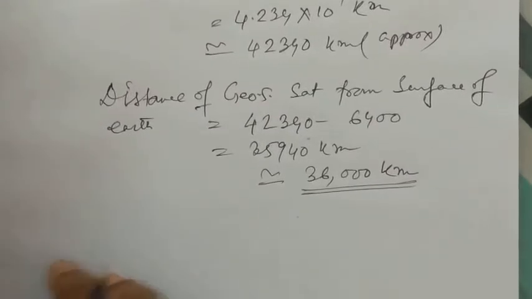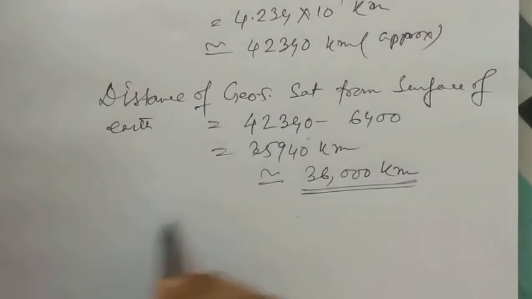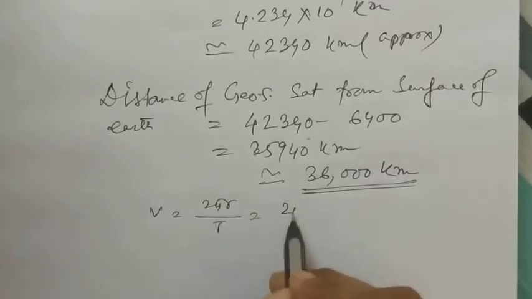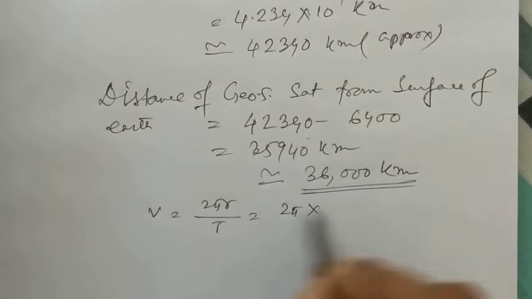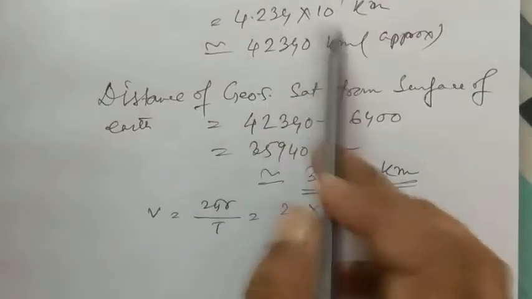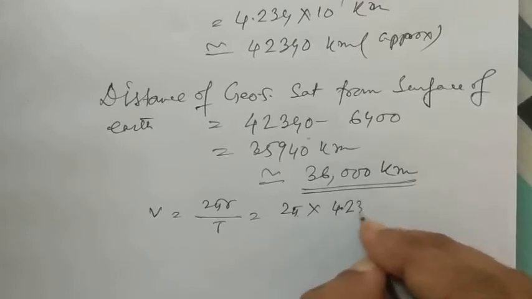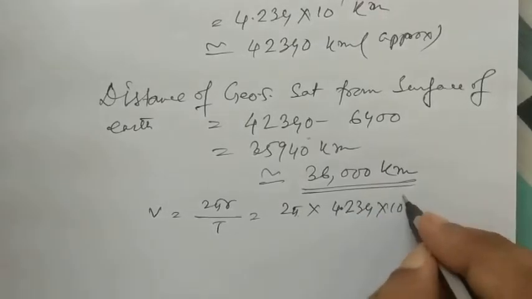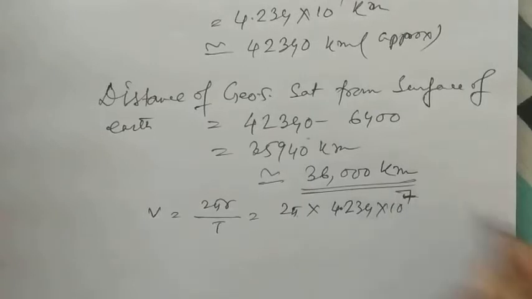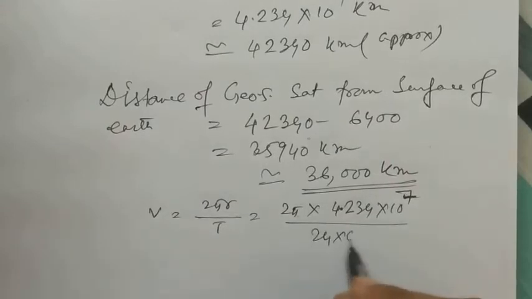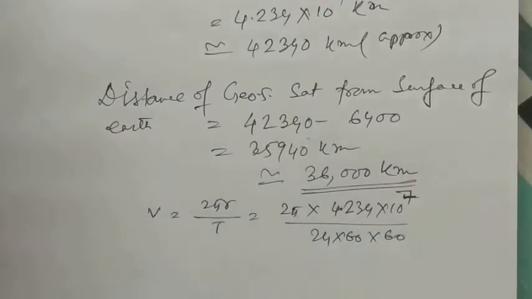earth. And the velocity, that is v is equal to 2 pi r by T, 2 pi into what was r, that means the distance of the satellite from the center of the earth, that is 4.234 into 10 to the power 7 meters by T. T means 24 into 60 into 60.